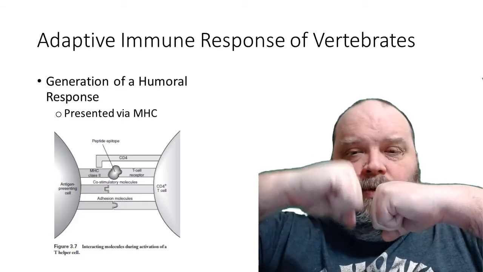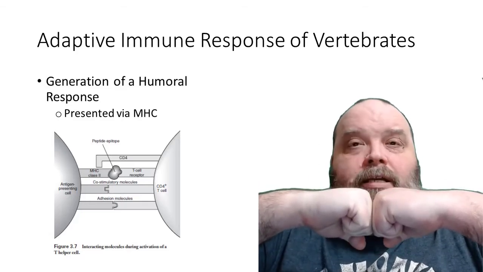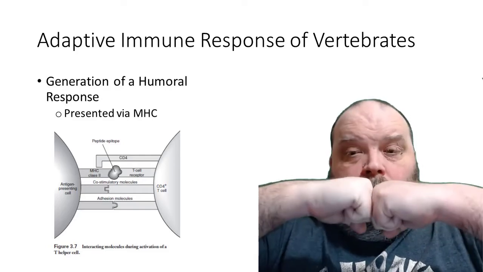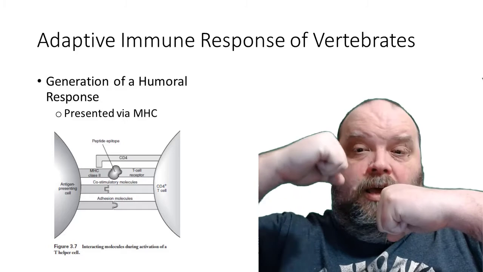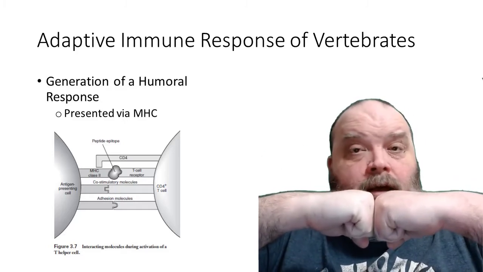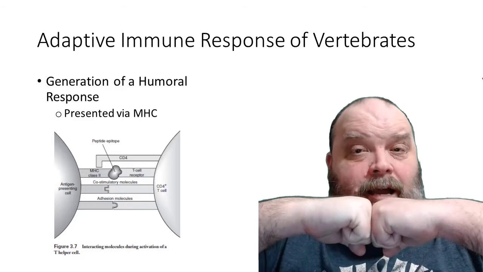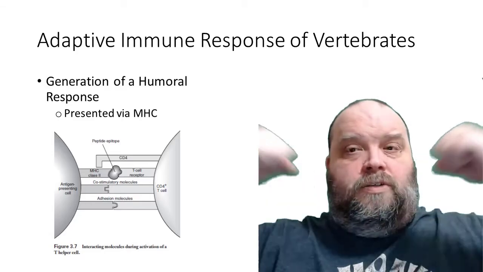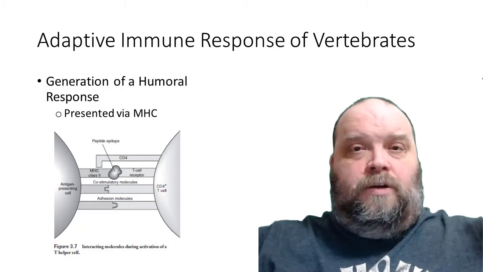And if the T cell receptor can recognize, interact, bind to that epitope, they will stay together. If the T cell receptor, once it interacts with the MHC, cannot interact with the epitope, they pull apart. The cells go away from each other.